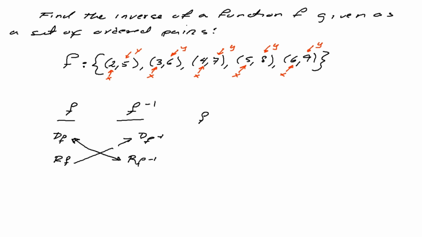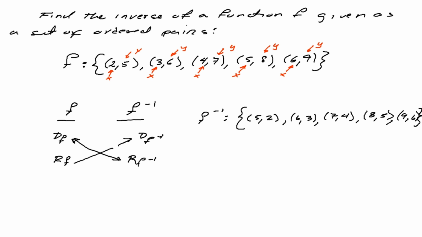So the inverse function of f in this case will be the function containing the ordered pairs (5, 2), (6, 3), (7, 4), (8, 5), (9, 6).